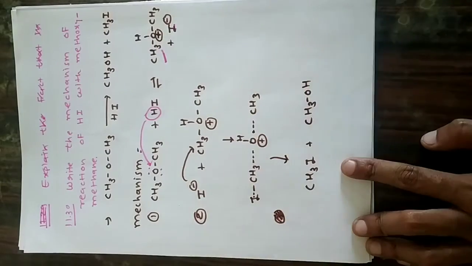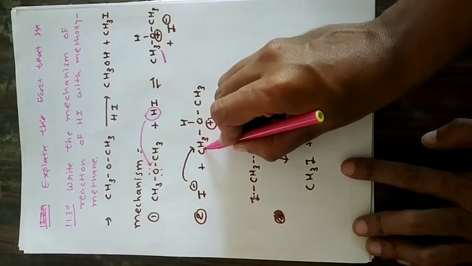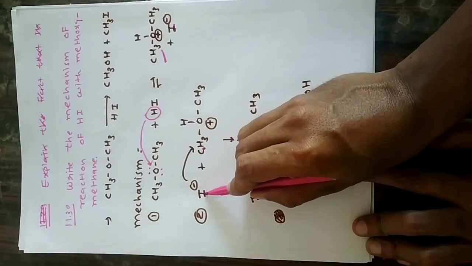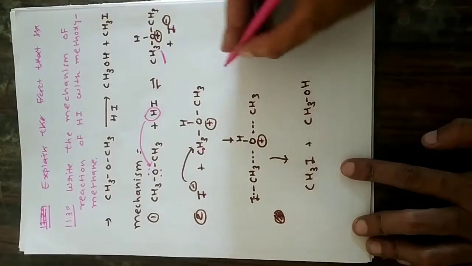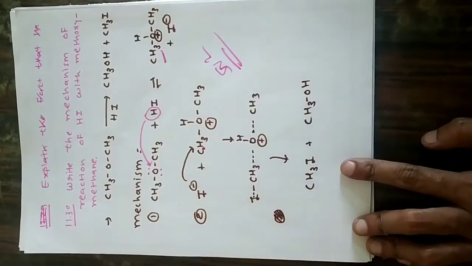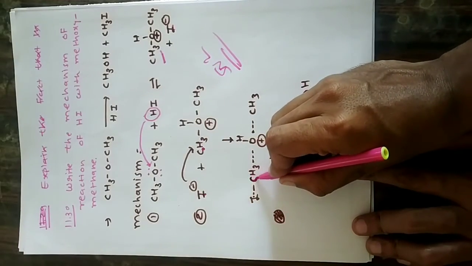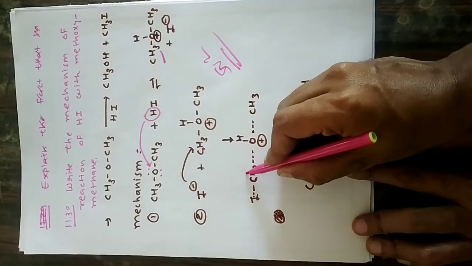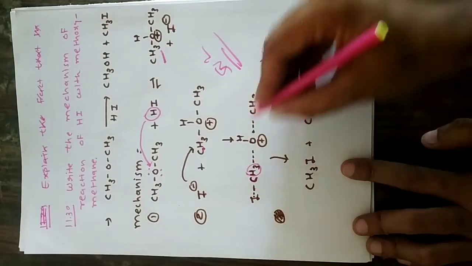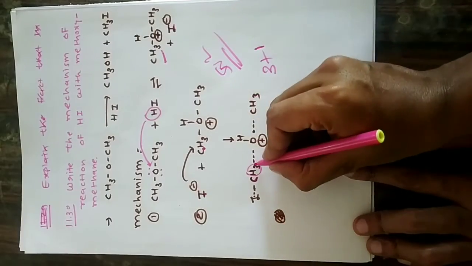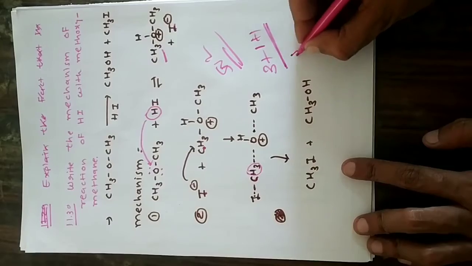Now in the second step, this iodide ion will attack on carbon. This is our SN2 mechanism. What happens here? You can see this carbon has 3 hydrogens plus this partial bond and this other partial bond, so a total of 5 bonds are there.